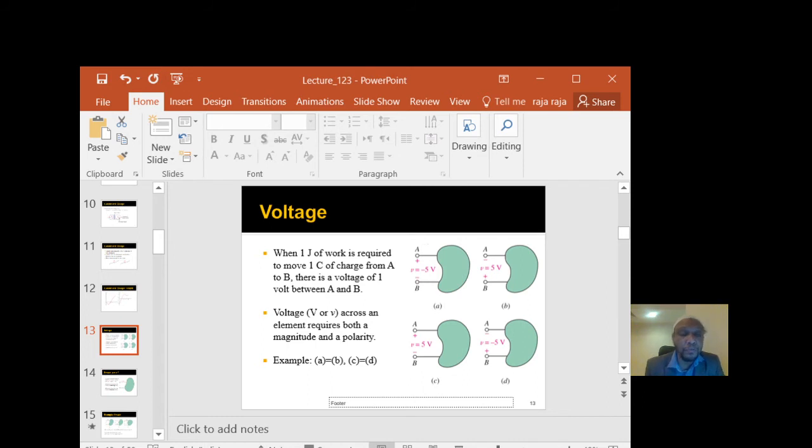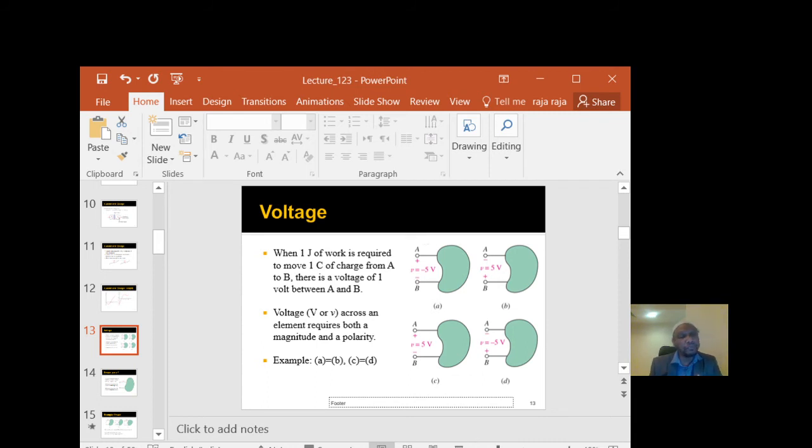If you want to move 1 coulomb of charge from point A to point B and it requires 1 joule, there is a voltage of 1 volt between A and B. When you move 1 coulomb of charge by 1 joule of work from A to B, the potential that occurs is called 1 volt.